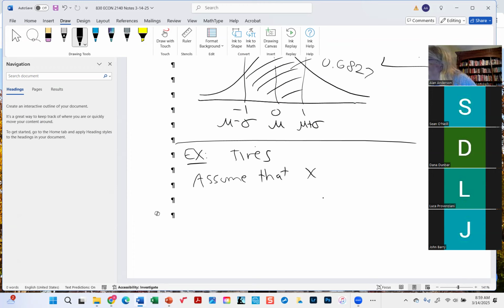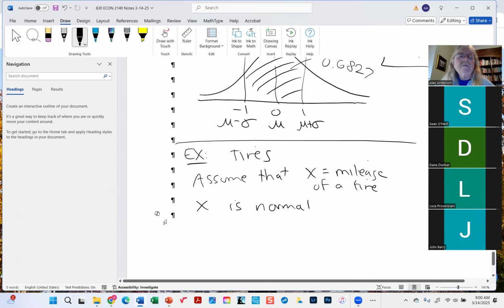So X is the mileage of a tire. How far can it go before you need a new one, in other words? And then X is normal.